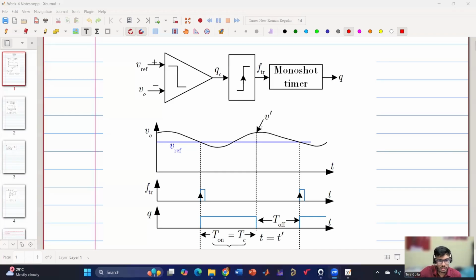Constant on time. Yes, very good. So this is constant on time, and constant on time can be voltage based as well as current based. Can you identify whether it is voltage based control or current based control? Voltage based. Yes, so this is voltage based constant on time control.